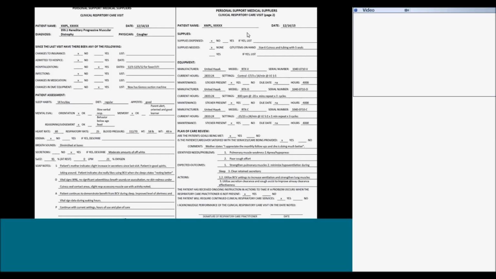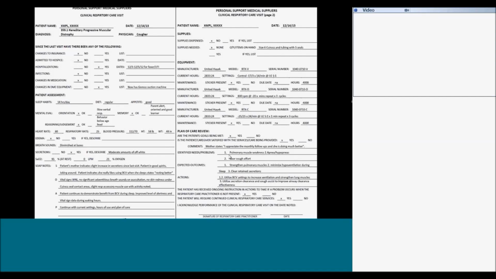Here we have page 2. So any supplies that you might have dispensed, any supplies that might be needed, quantity of items on hand. Then we have our HME. Again, we're seeing the same as we saw in the setup, where we're doing the RTX-V and the serial number -V, and you're getting that same RTX-O and serial number -O, RTX-C for the oscillation and cough assist modules.